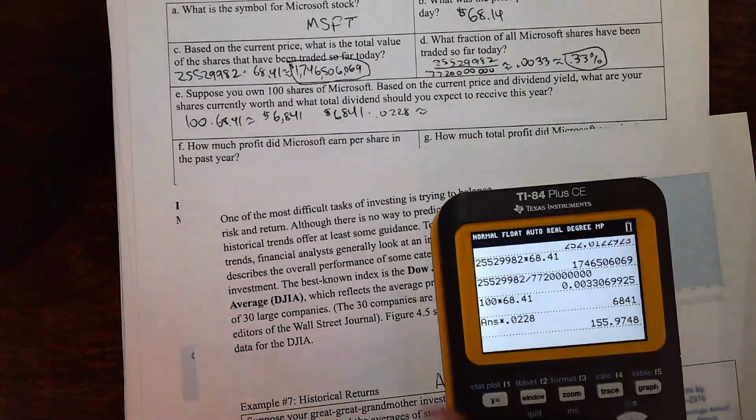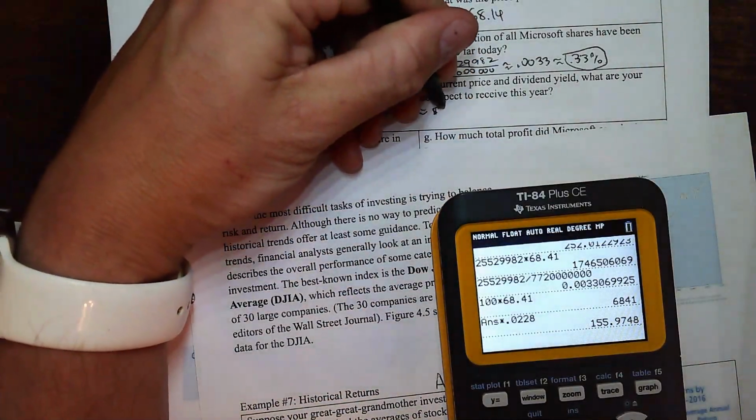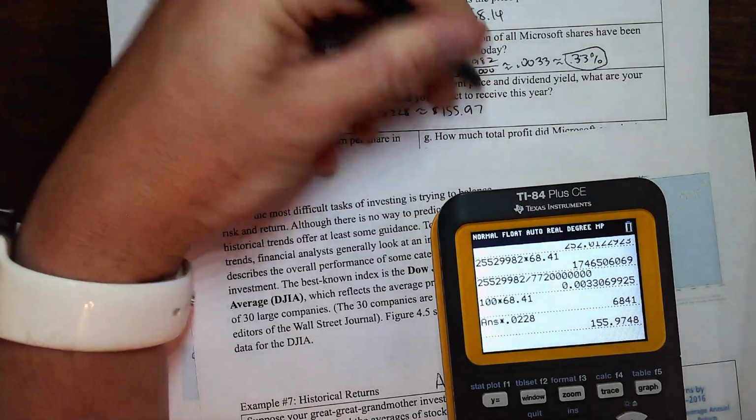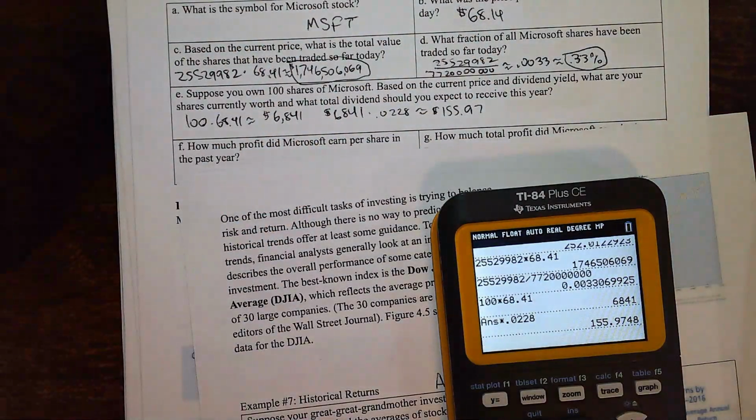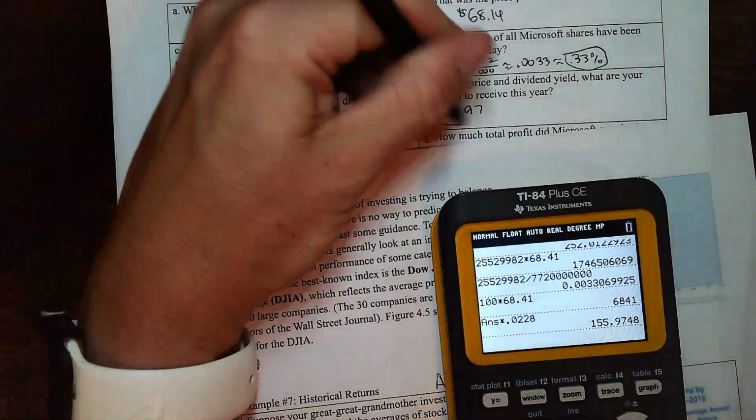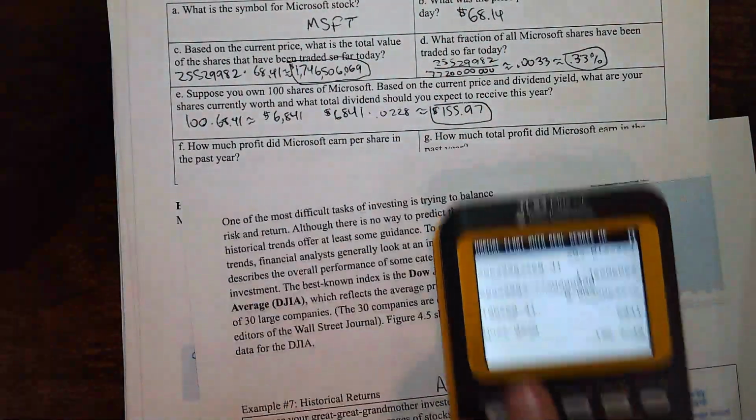So I'm expecting to make $155.97 this year on those 100 shares. Pretty good, a decent little payout there.